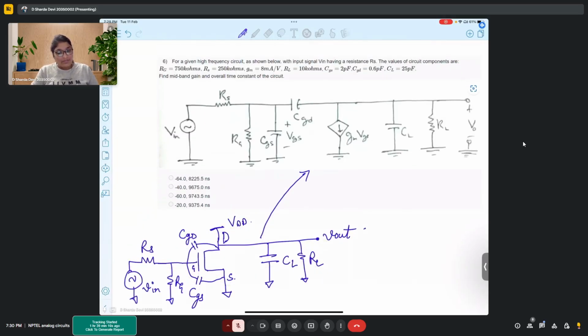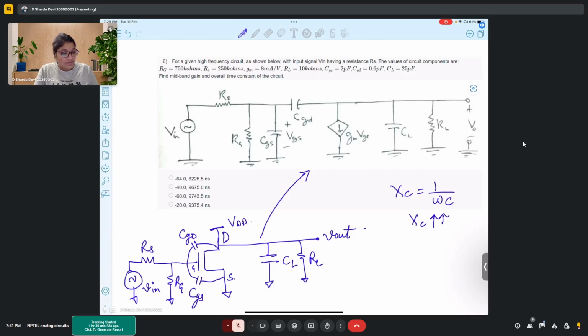So in this question, for a given high frequency circuit, why high frequency? Because capacitors are in the picture. Whenever we are considering low frequency, we know that Xc is 1 by omega C. The value of the capacitor is always constant, whatever is given, but the reactance of the capacitance changes with frequency. When you have low frequencies, your Xc becomes very, very high, and we replace it with open circuits.